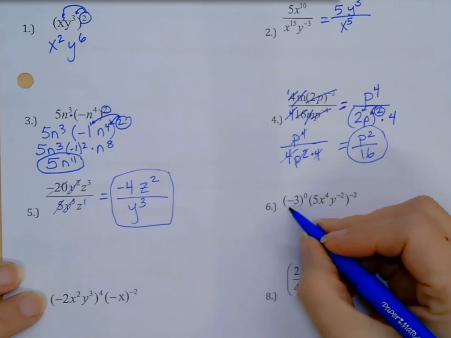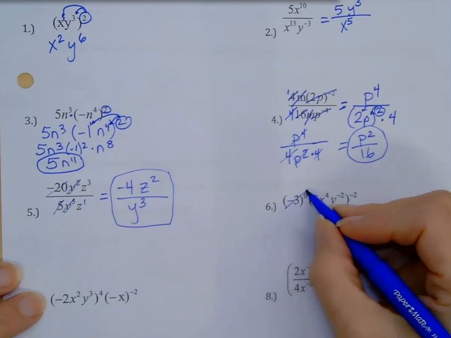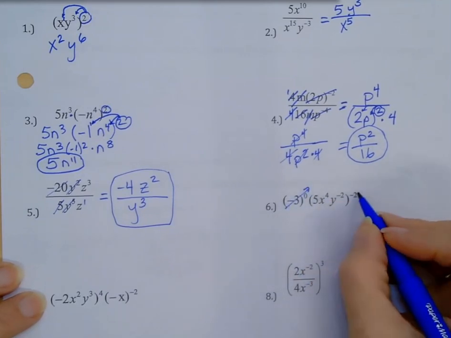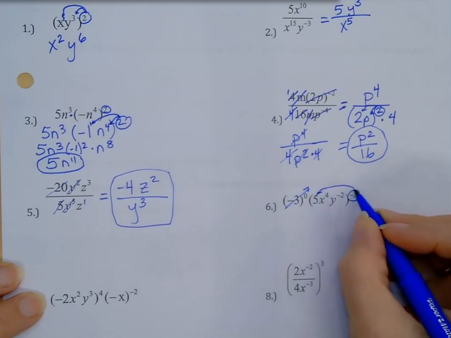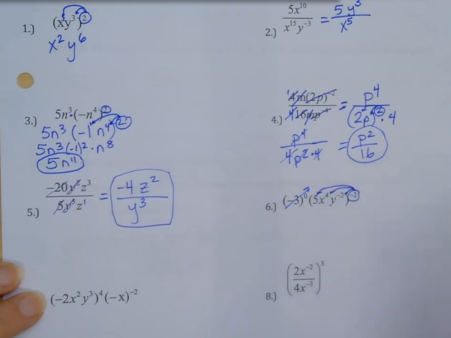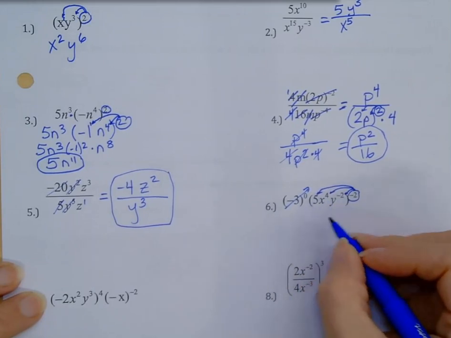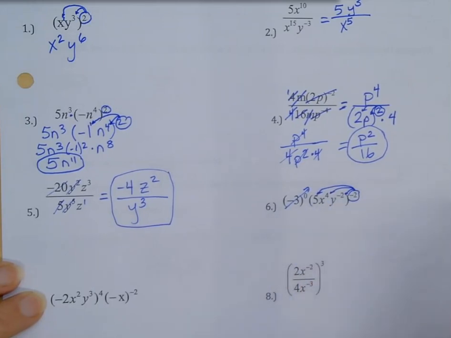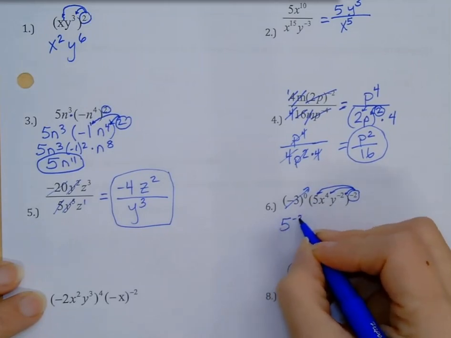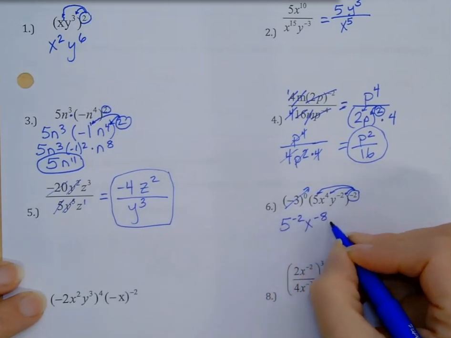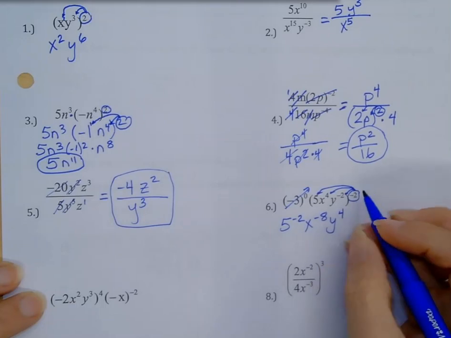Number 6, first of all, anything to the power 0 is 1, so that's 1. I'm going to go ahead and just distribute this negative exponent, and then I will move things. You could put that whole expression into the denominator first if you want to. I'm going to go ahead and distribute so that now I have 5 to the negative 2, x to the negative 8, y to the 4th, right?